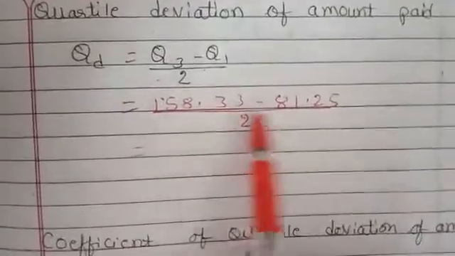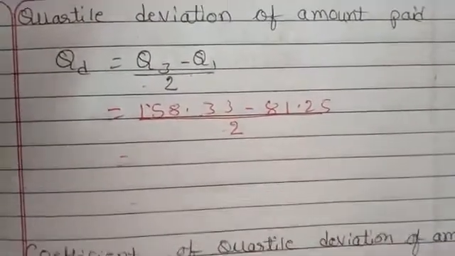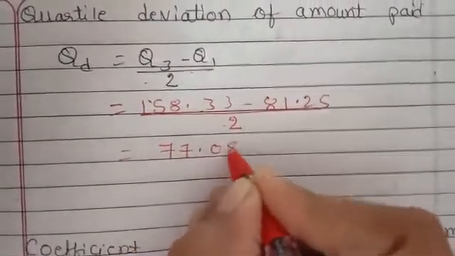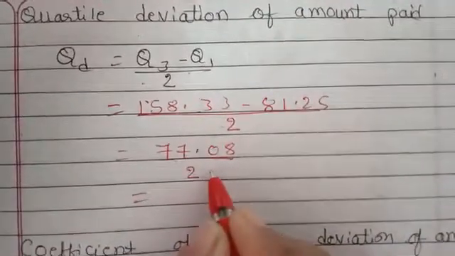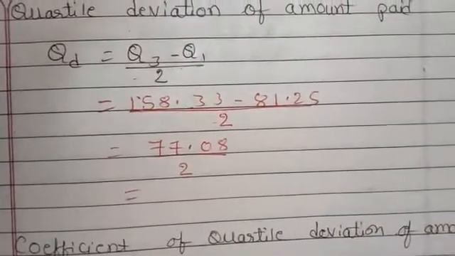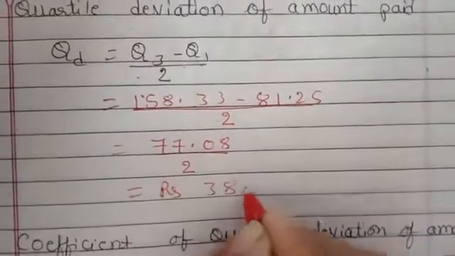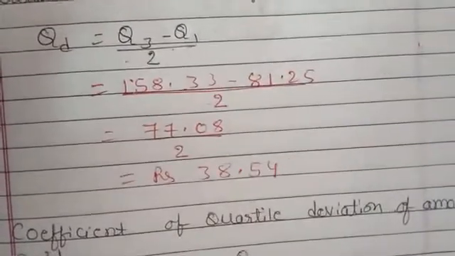Now when you subtract this, you will get your answer as 77.08 upon 2. Again divide 77.08 by 2. That will give you rupees 38.54. That is your quartile deviation.